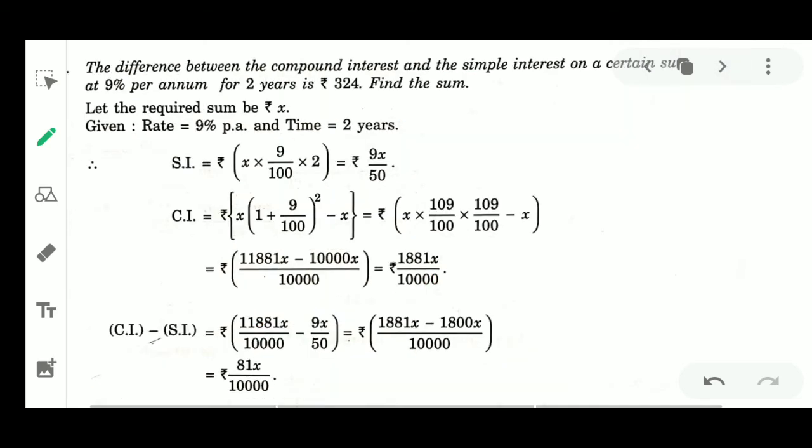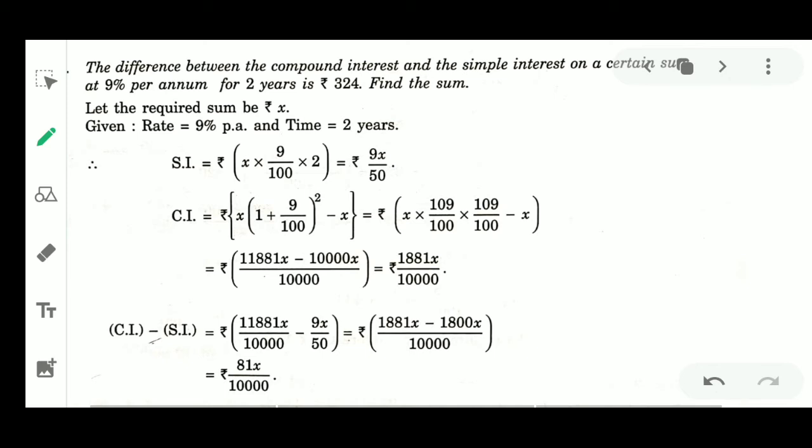Now here I have taken another example from your book, that is, the difference between the compound interest and simple interest on a certain sum at 9% per annum for 2 years is 324. Find the sum.